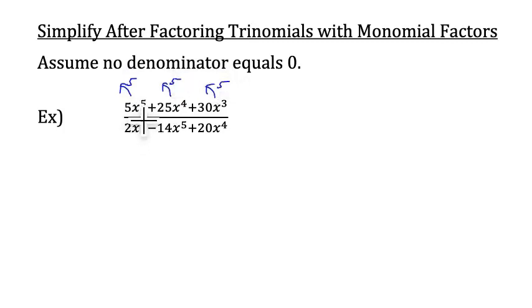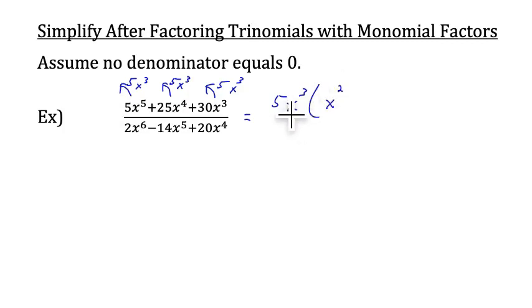And when we look at the x's, well, x to the 5th, x to the 4th, x to the 3rd, those are all divisible by x to the 3rd power. So let's factor out 5x to the 3rd power. That 5x to the 3rd power will come out front in the numerator. 5x to the 5th power divided by 5x to the 3rd power equals x squared.